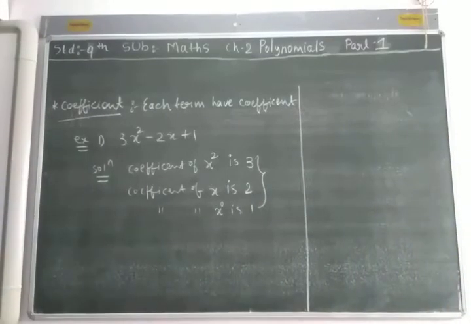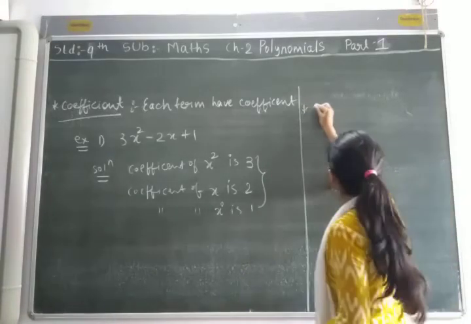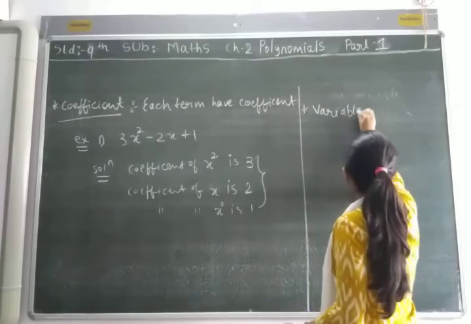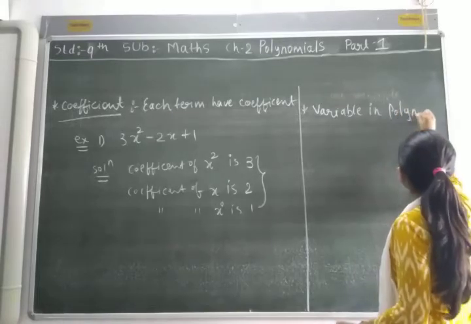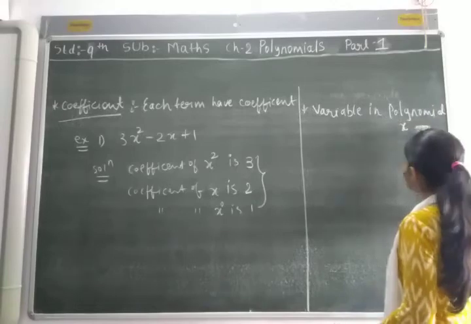The next thing is the variable in a polynomial, which is x.